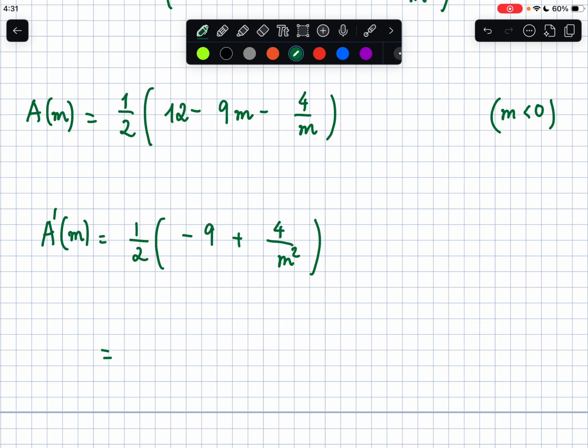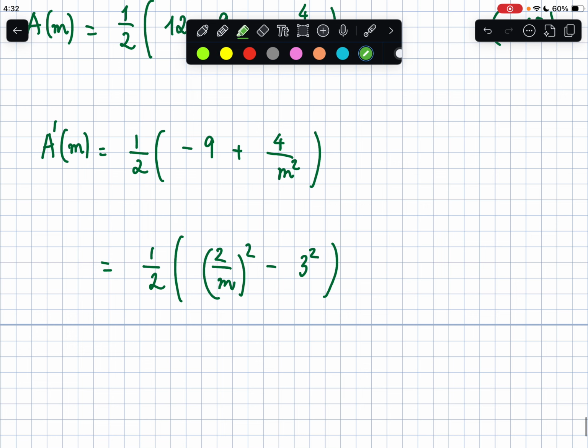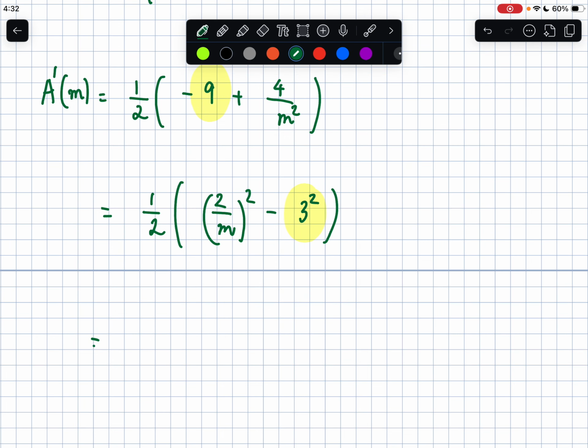This one, 4 over m squared minus 9, I can write as (2 over m) squared minus 3 squared. So A prime equals 1/2 times (2 over m minus 3) times (2 over m plus 3).